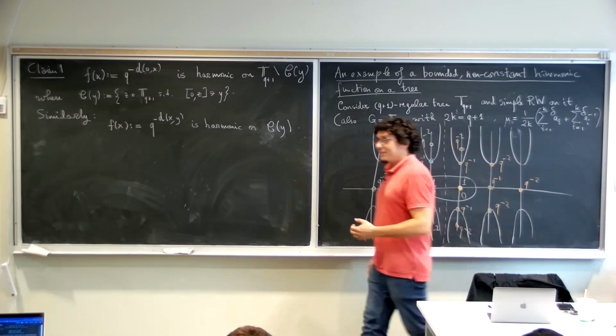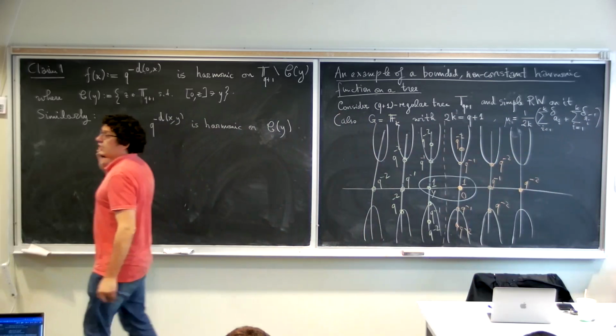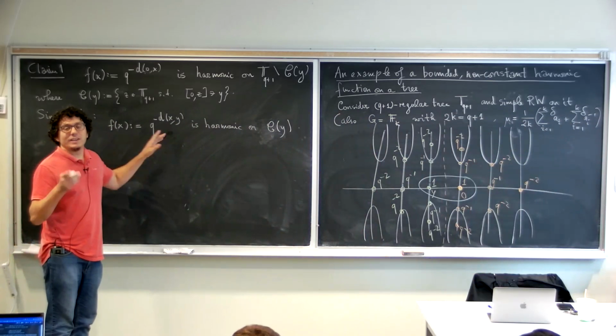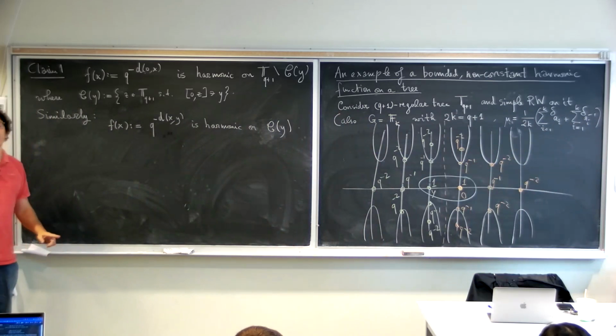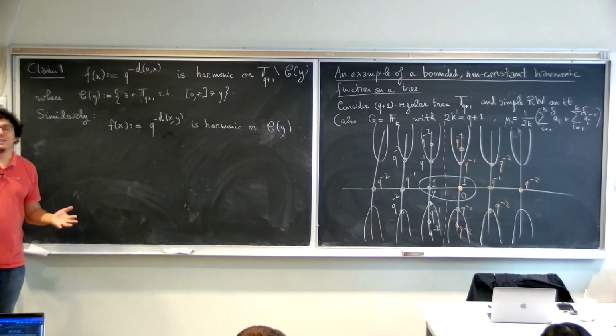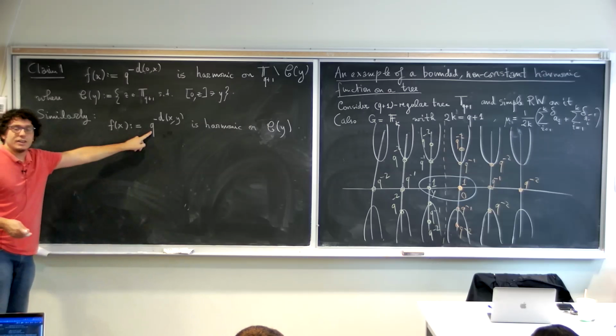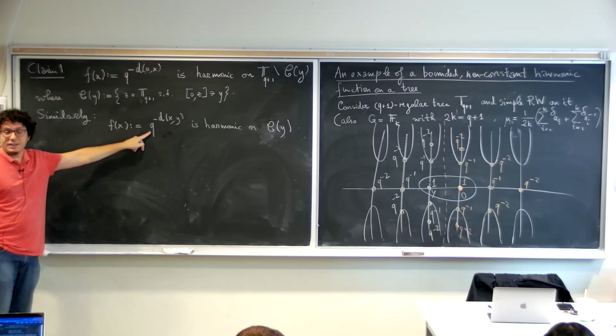So the trick is that not just this function is harmonic, but we know that the space of harmonic functions, what kind of algebraic structure is it? It's a vector space. Very good. And we know two harmonic functions: this one and the constant.